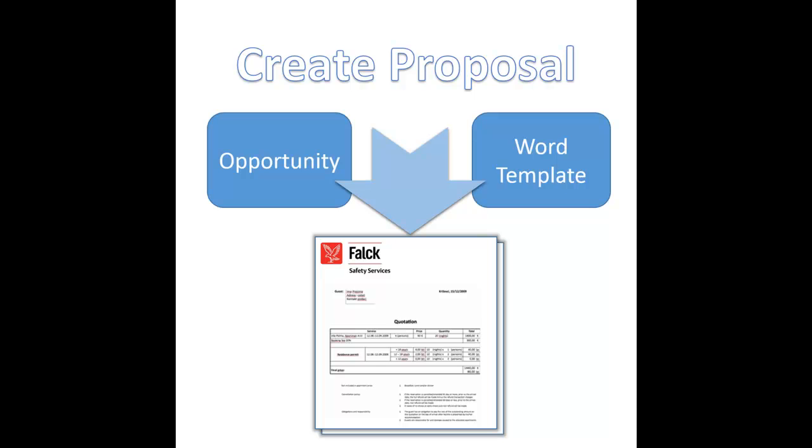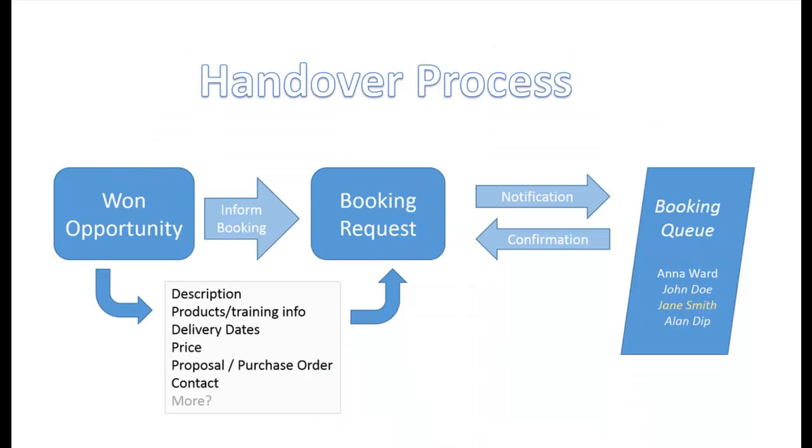We are also working on a more improved handover process. As you know, today we have the handover to booking option where you can set a check mark and send an email to a booking person. We want to make that a little more sophisticated, creating a booking request with the necessary documentation from the opportunity, where of course you can add a purchase order and contact information and so on.